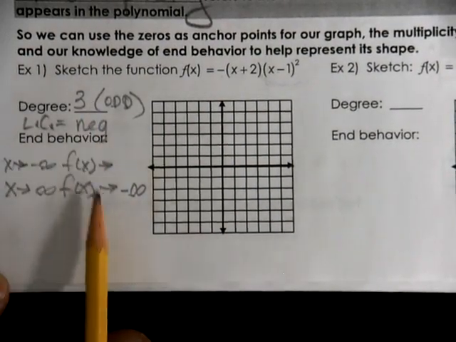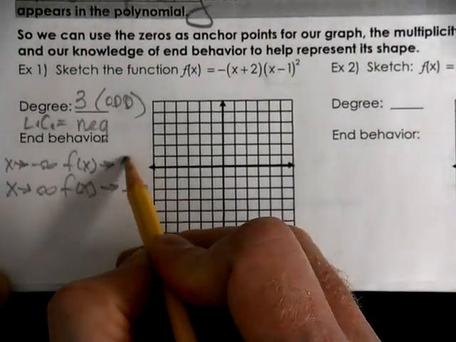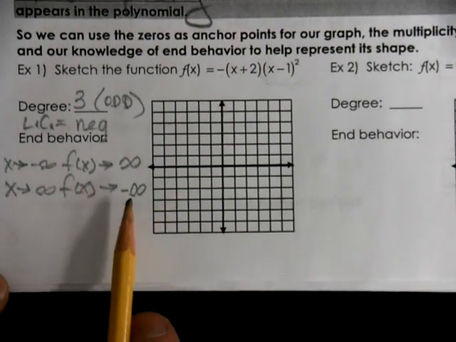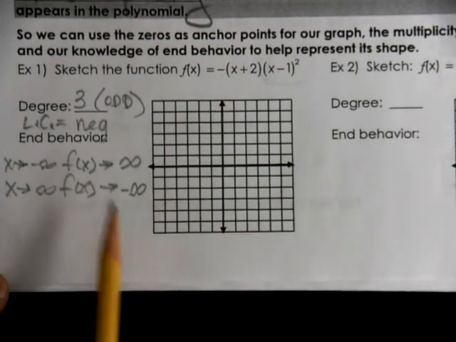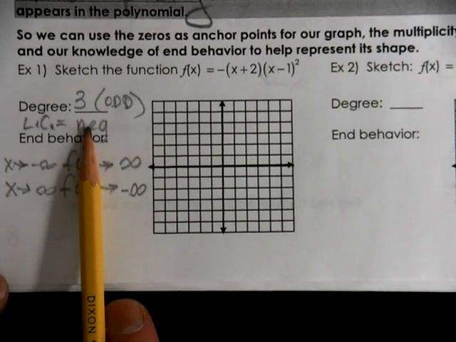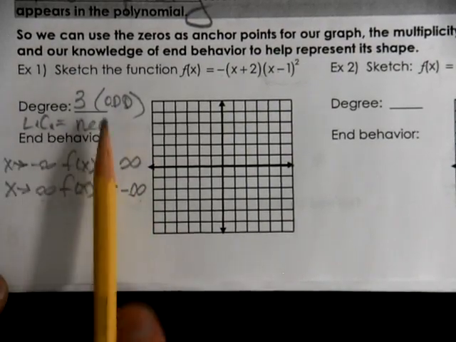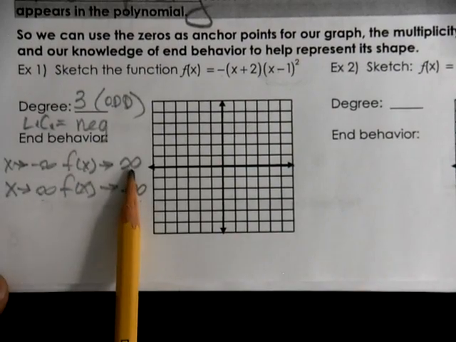And because it's an odd degree, you know that the graph is going to be going in the opposite direction. That's the lesson we had yesterday. The negatives, as x gets bigger, it goes down. Odd, it goes in the opposite direction.